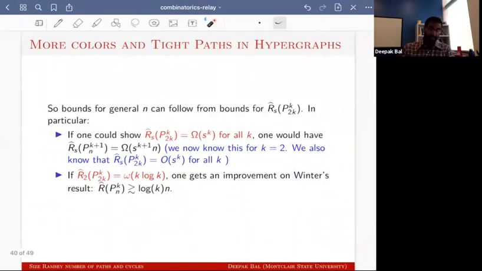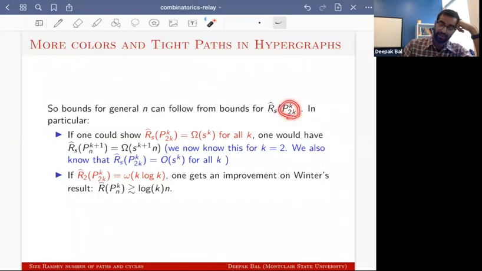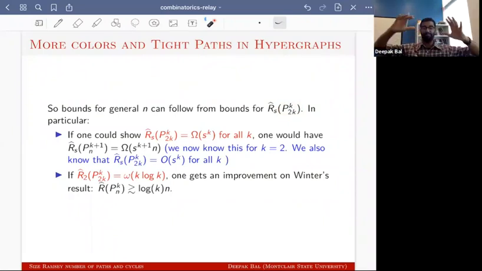So basically, what I want to say is that bounds for general N are kind of an interesting result just because bounds for general N can follow from bounds on this S color size Ramsey number of a fixed length path.